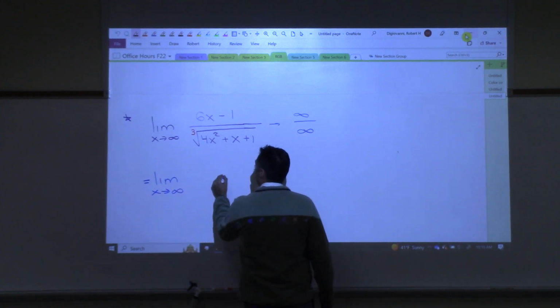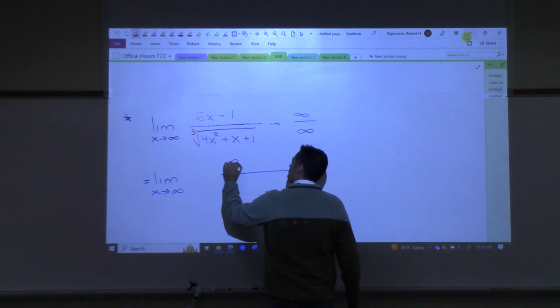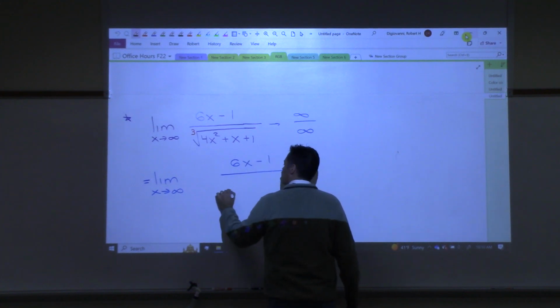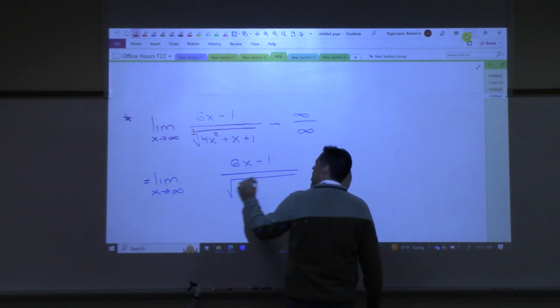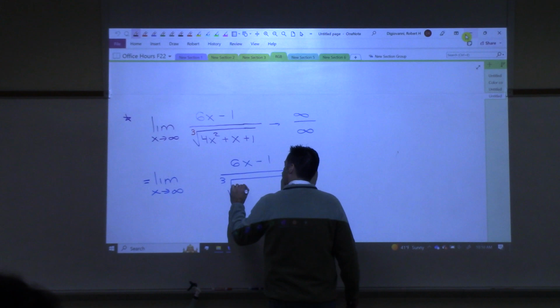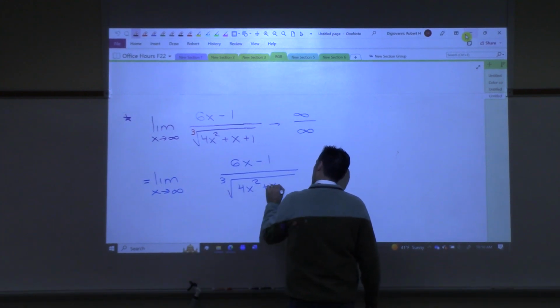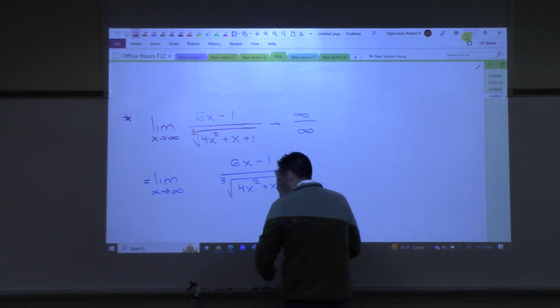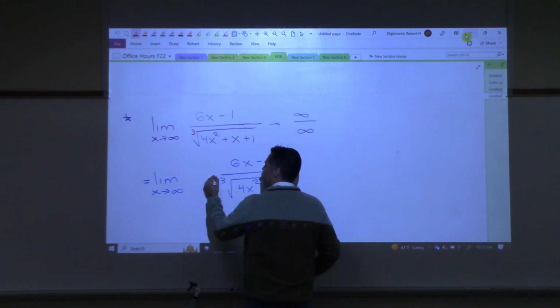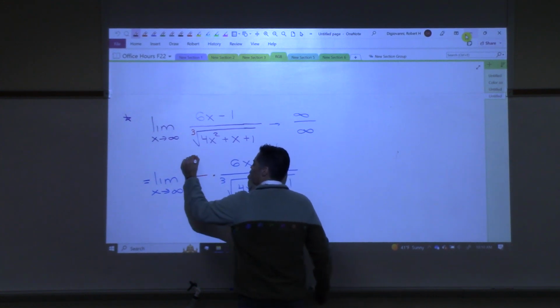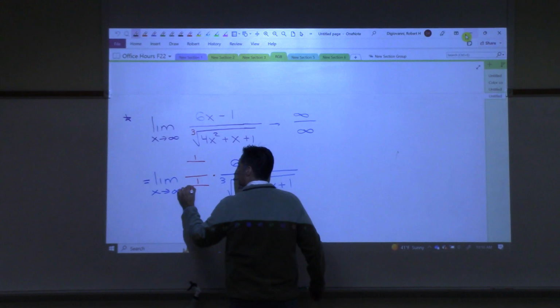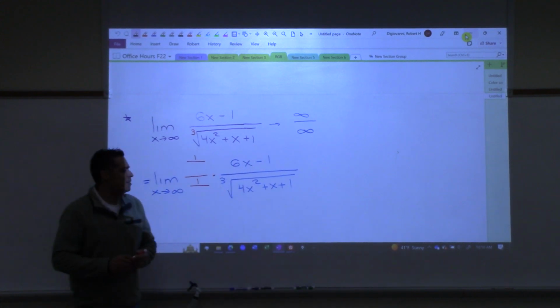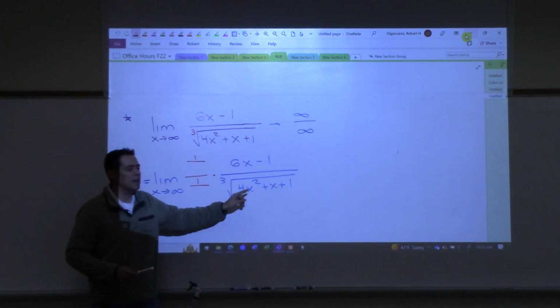Okay, let me write the original problem here. So I'm trying to figure out what I am going to come in with out here. It's going to be 1 over something, right? The reason I have to do a fraction is because, remember, we want to kill off the x squared.